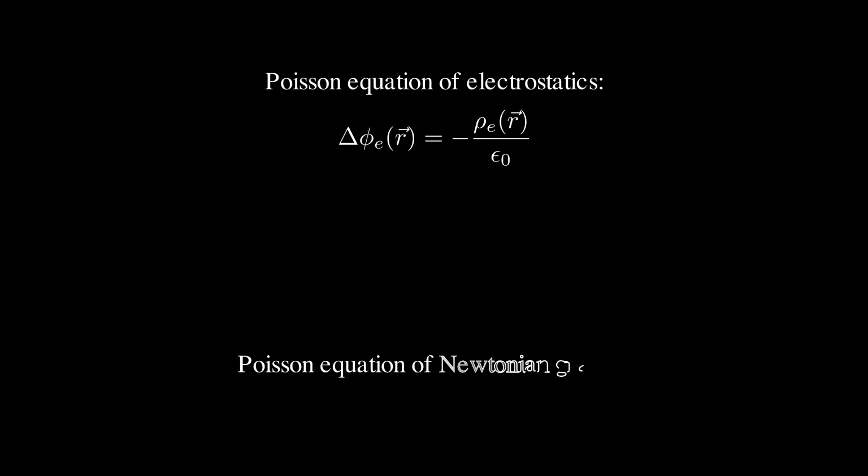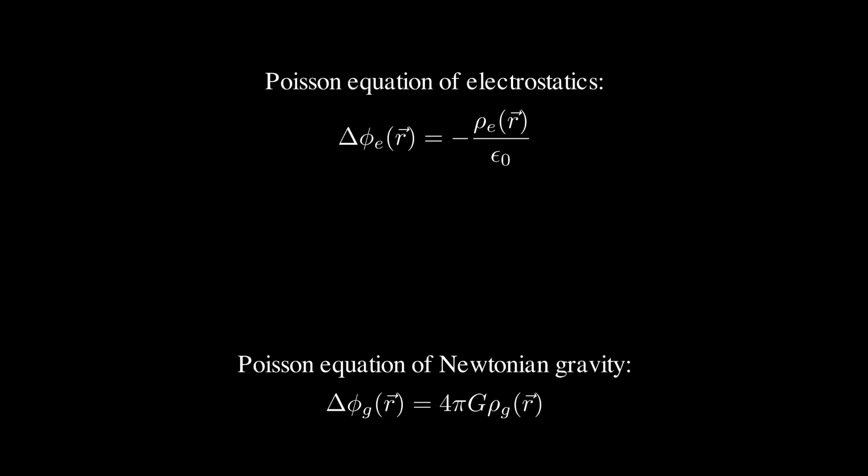In order to understand what kind of problems we can solve with this, let's go back to some of the equations I showed earlier, namely the Poisson equations of electrostatics and Newtonian gravity. Both of these equations look very similar because both electric and Newtonian gravitational fields can be described by very similar mathematics.